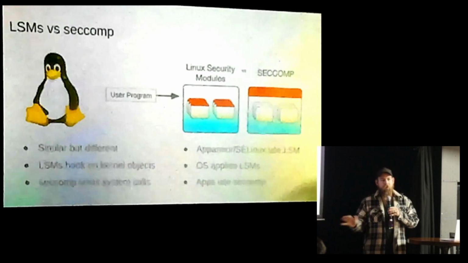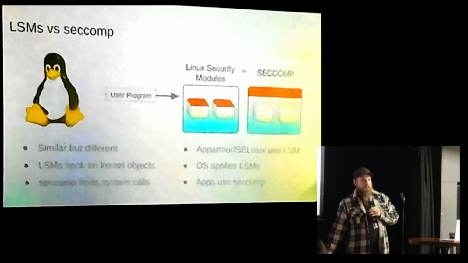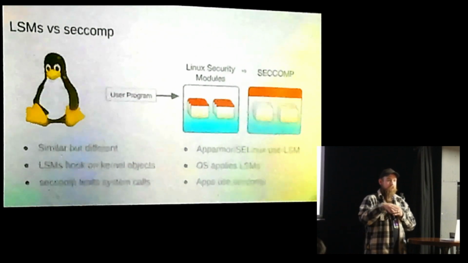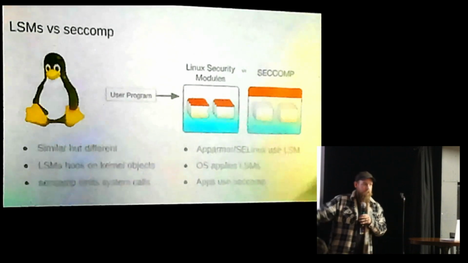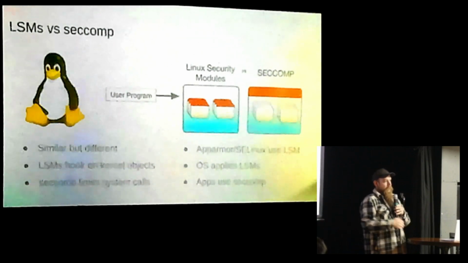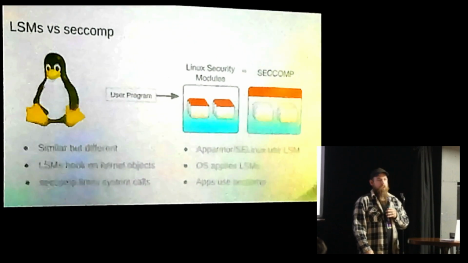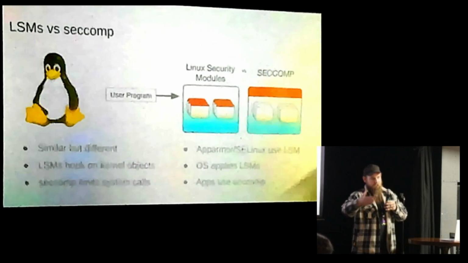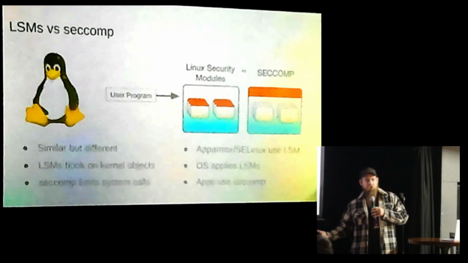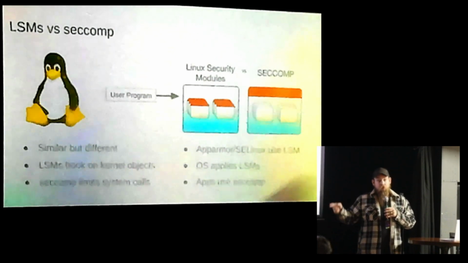It's not perfect, but it's close enough. But this basically represents the two mechanisms of solving the same problem. Either you have an operating system, which is configured with SELinux, or your other implementation of LSM, or your policies, or your AppArmor systems, or your grsecurity kernel systems, or whatever. Basically, you either have a system designed to limit applications, or you have an application that says, I'm going to do these things. And just to be very clear, you should use both of these things at the same time.